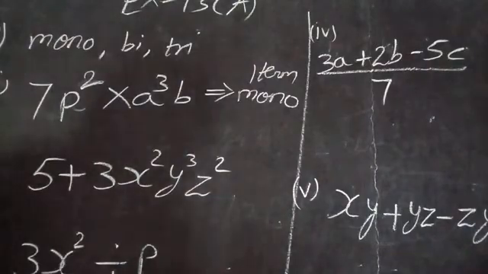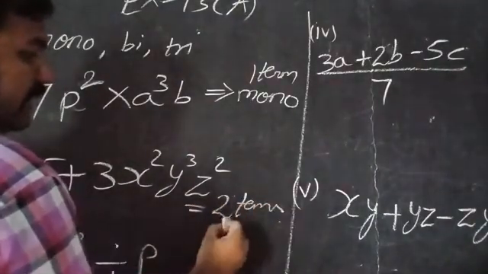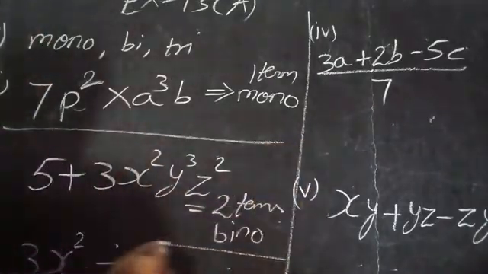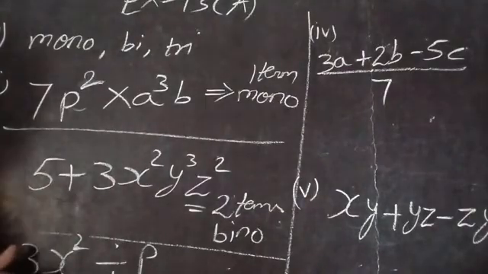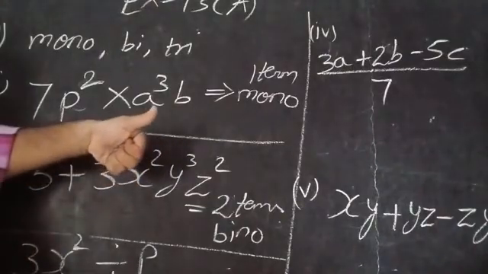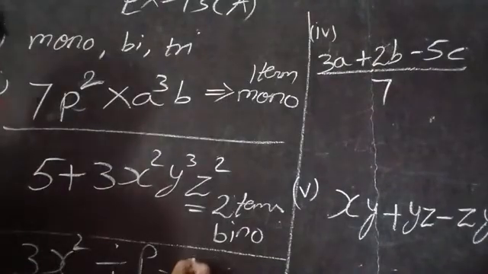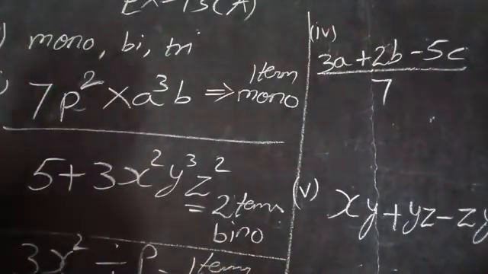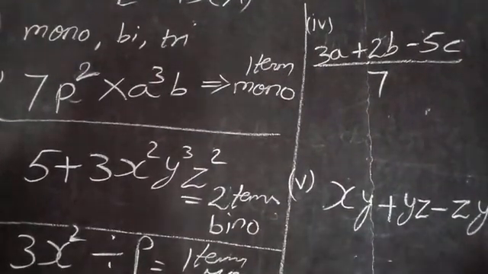So we write it as 2 terms, it is binomial. Next we take this sum. Any plus sign or minus sign? No plus, no minus. We write it as one term, monomial.